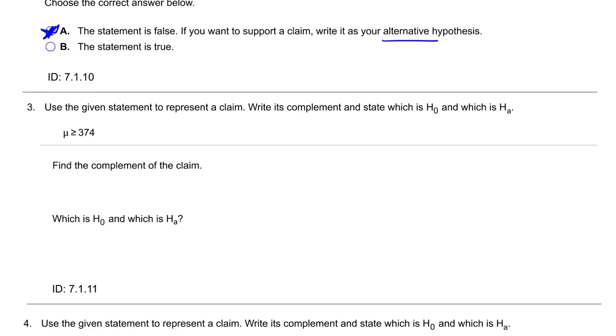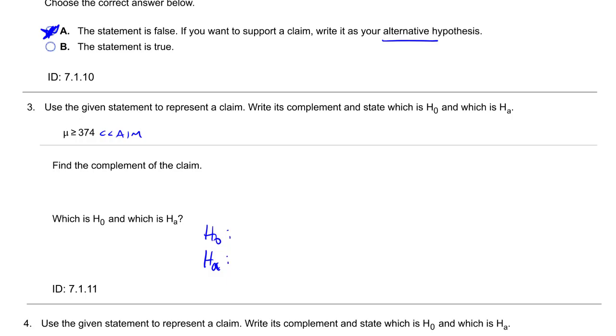All right, let's say this is the claim, mu greater than or equal to 374. Then let's try building what the null and alternative hypotheses are. Well, again, mu greater than or equal to 374 is our claim. What's the rest of it?